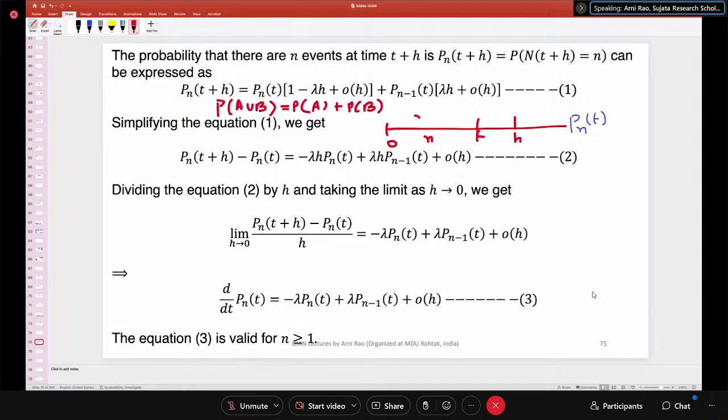Or if there are n minus 1 events up to t, then one event occurred in the interval h, because in total it should be n events up to time t+h.